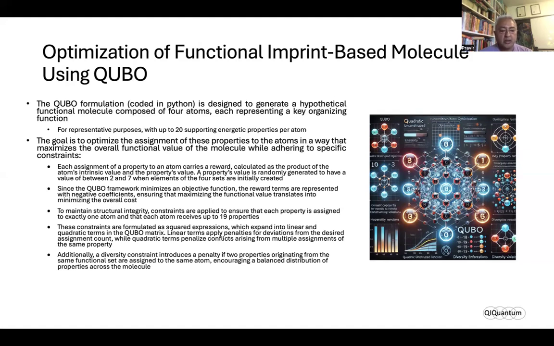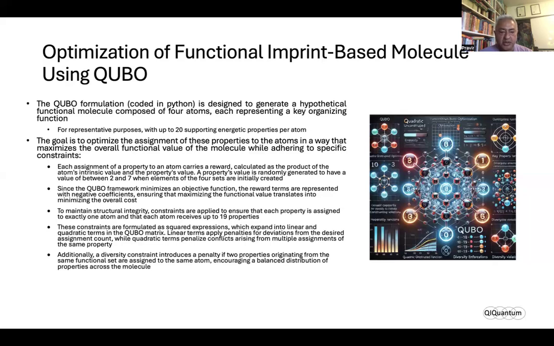And then similarly, there were a number of constraints set up, and I'll just go over one constraint. One constraint was set up so as to ensure that from the library of properties that we have, there was only one property assigned to exactly one atom. And that was just the way that I set it up.